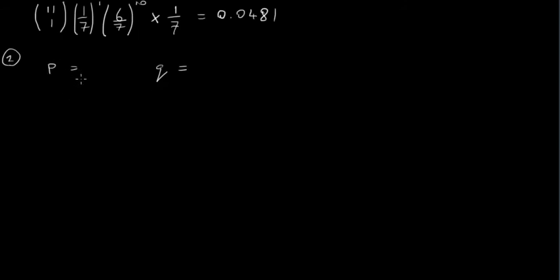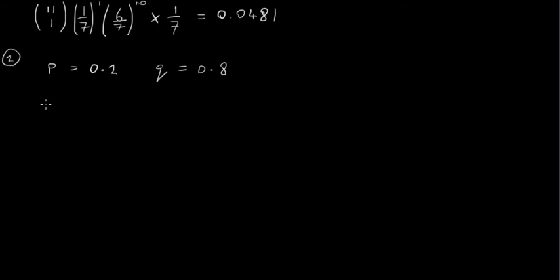So the probability that someone actually answers her question is going to be 0.2. The probability that they hang up is going to be 0.8. Okay, so now all we've got to do is stick these numbers into our formula.